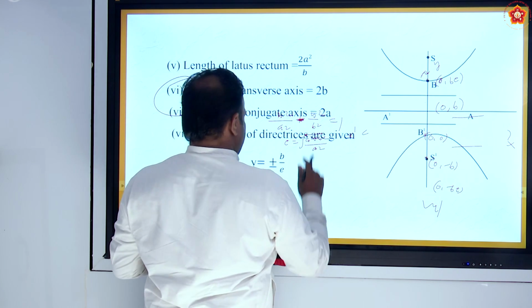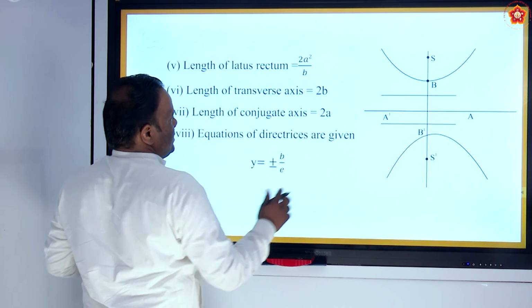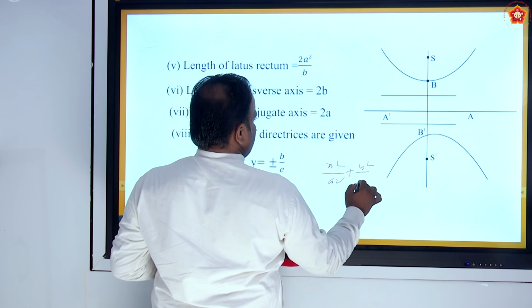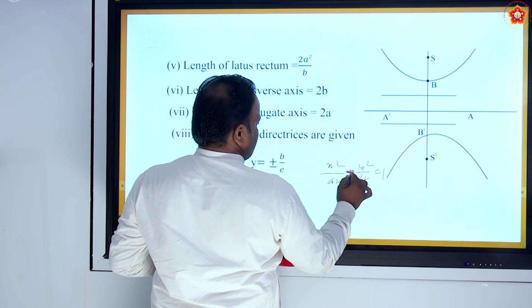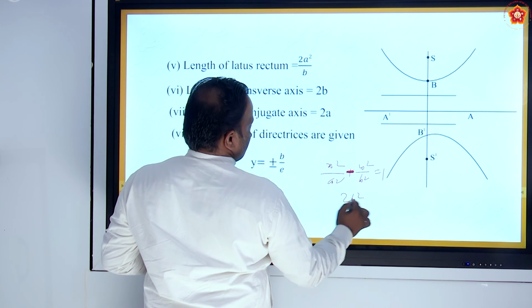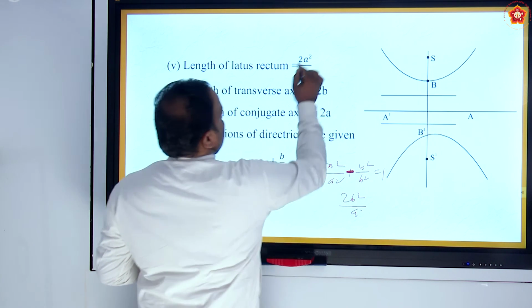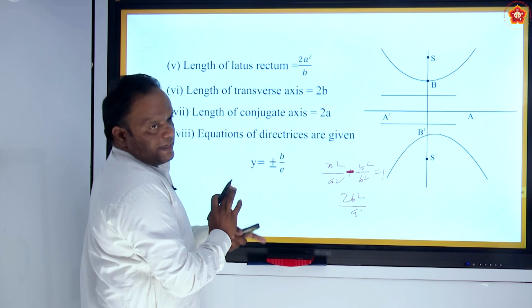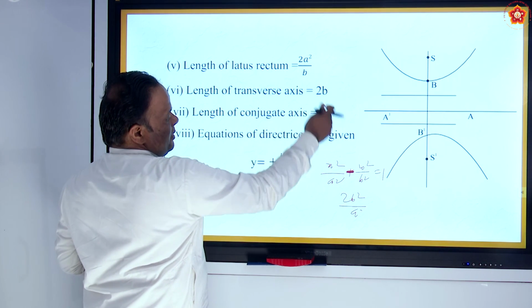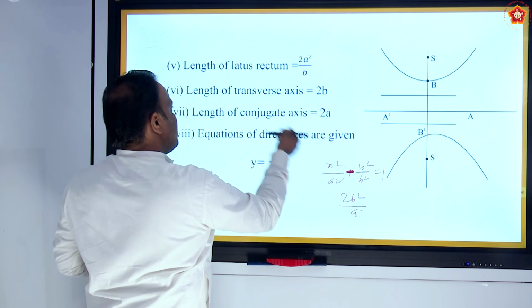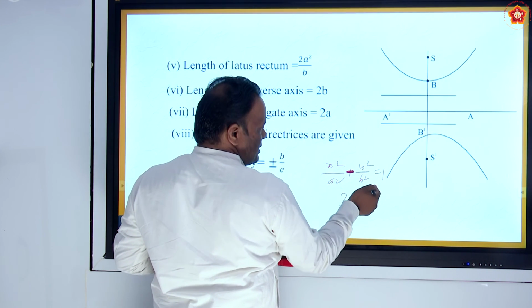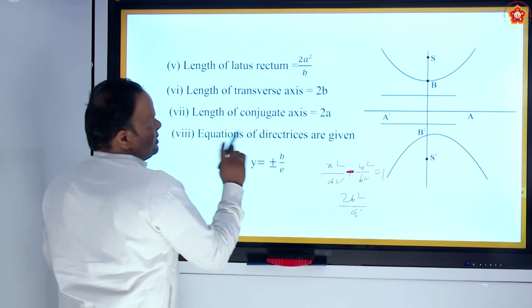In the previous hyperbola, the length of latus rectum is 2b square by a; here 2a square by b, just interchange a and b, remaining same. Length of transverse axis is 2b, in the previous hyperbola 2a. Length of conjugate axis is 2a, in the previous hyperbola 2b, just interchange a and b.